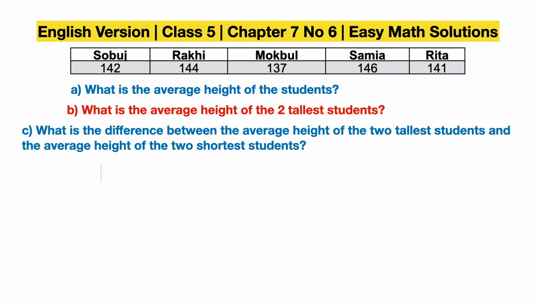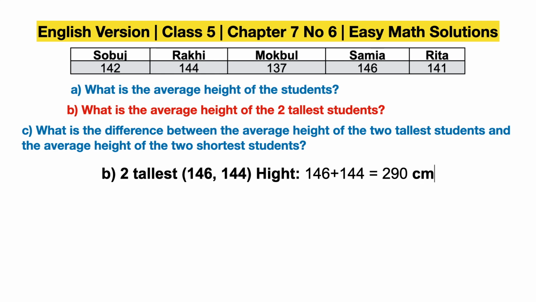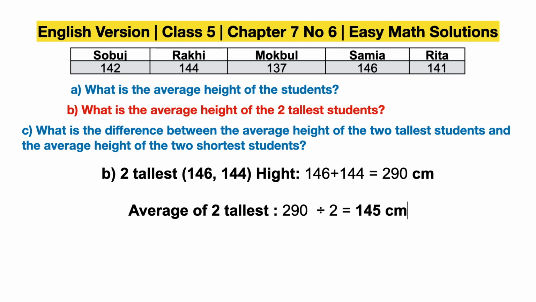Then the two tallest students, 146 and 144, height equal to 146 plus 144 equal to 290 centimeter. Then the average of the two tallest students equal to 290 centimeter divided by 2 equal to 145 centimeter.